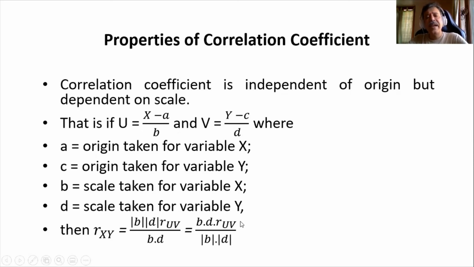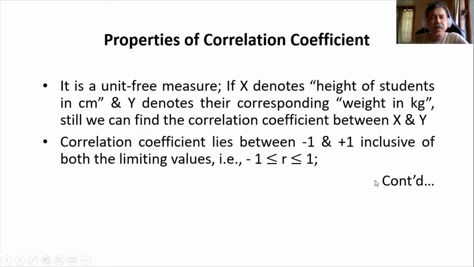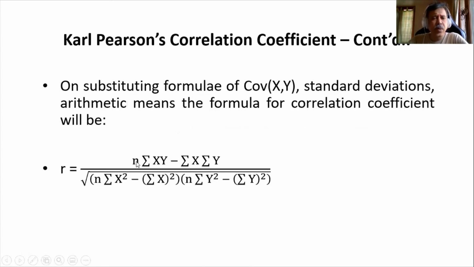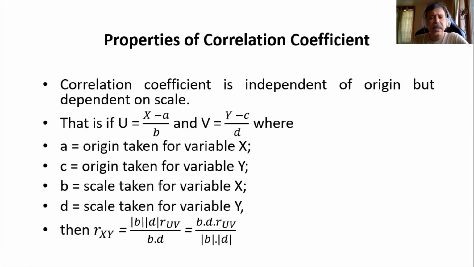Then instead of finding out the correlation between x and y, you can first find out the correlation between u and v. Same formula will be there. In this formula, wherever x and y is there, it will be replaced with u and v to get the correlation between u and v. After you find correlation between u and v, you can very well use this.